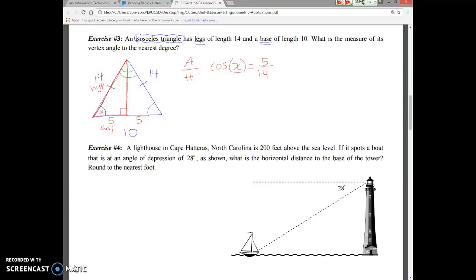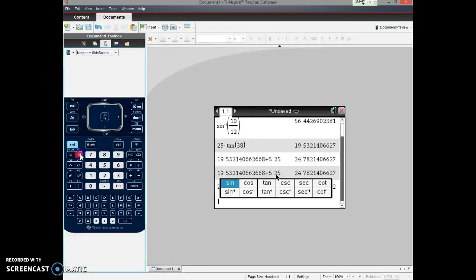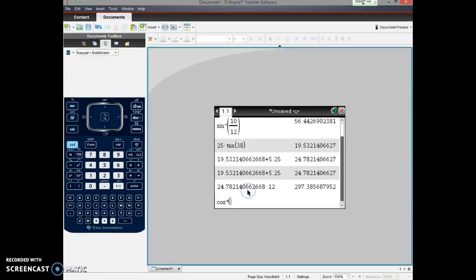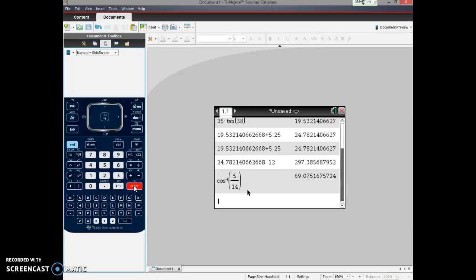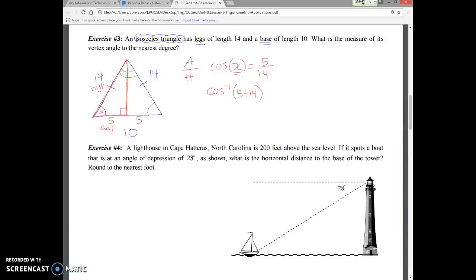Please remember, when we don't know the angle measure, you need to use the inverse function to find that angle measure. So in our calculator, we use the inverse cosine function, and it's 5 divided by 14, and we end up with 69.075. Please don't round too early.